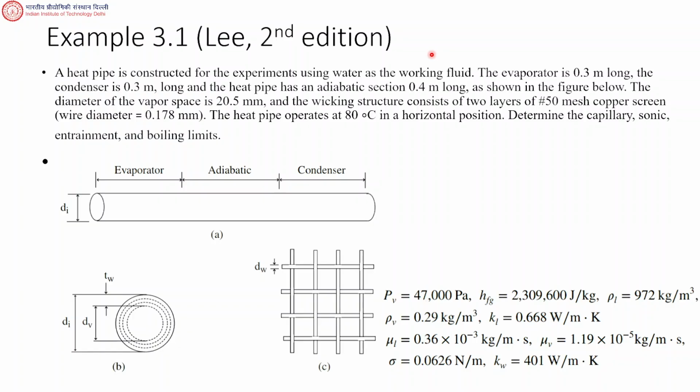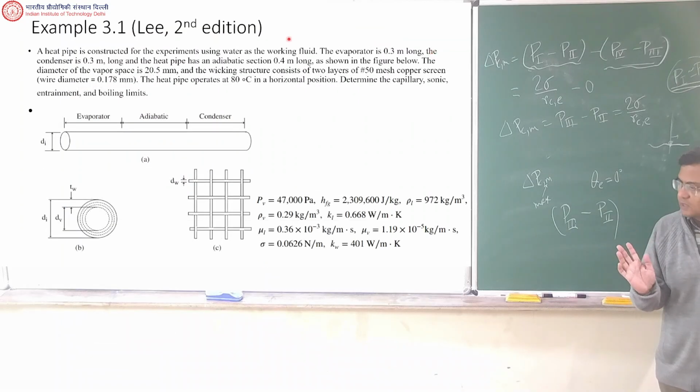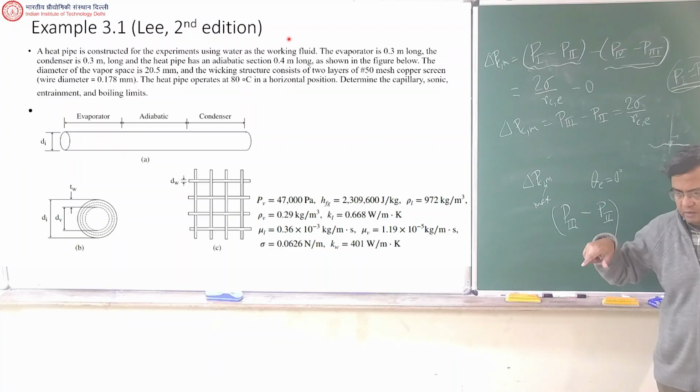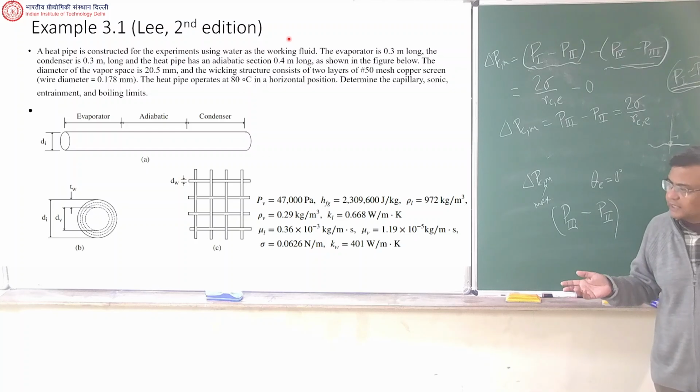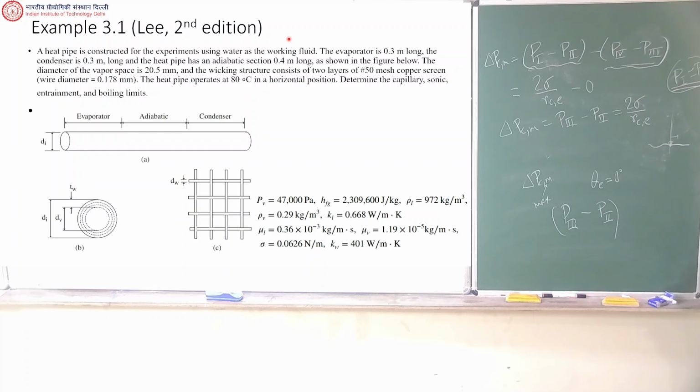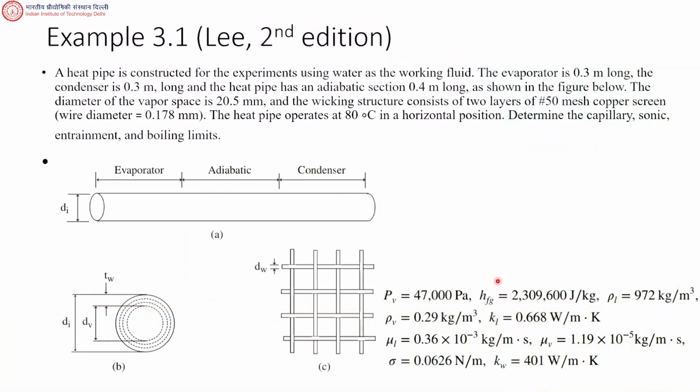Why is the position important? Because we saw that it can be inclined also. If it is inclined, then the calculation of the normal pressure drop and the axial pressure drop will change, because you have the cos psi or the sine psi in those expressions. So you can calculate these things, because you can calculate the vapor pressure, temperature is mentioned. You can calculate hfg, you have the liquid density.